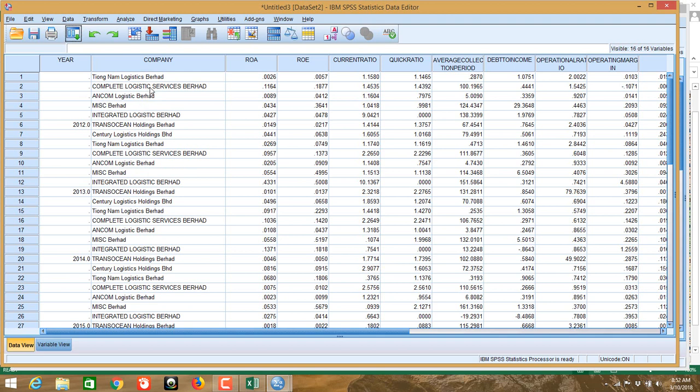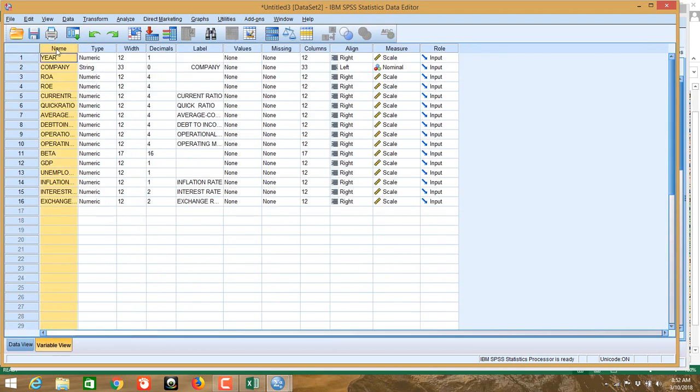Because this is string. String is considered as character, and your SPSS cannot analyze character with number. So you remove all these characters. And these are years, which should not be included as well. So we remove from here. It's very easy. Just highlight and then right click.